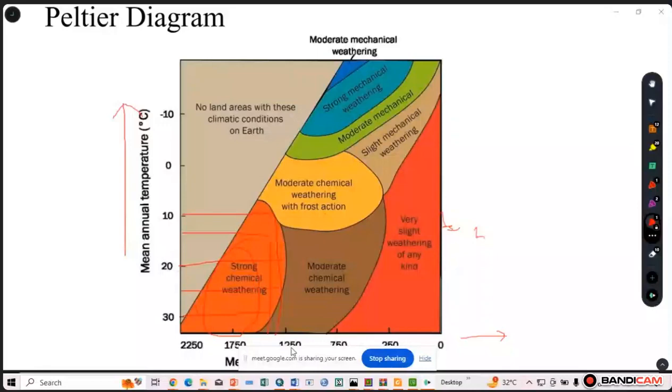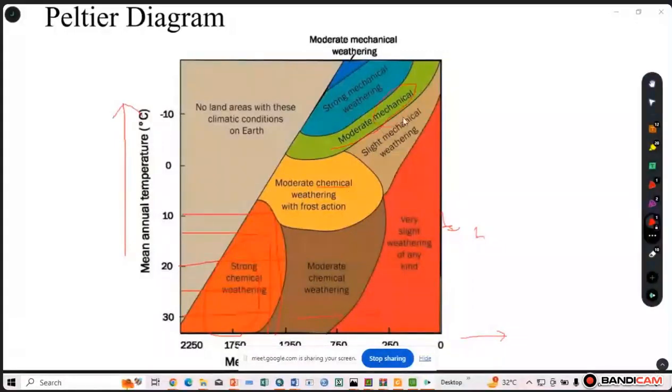When the precipitation is reduced, there can be strong to moderate chemical weathering, and after that very slight weathering. When the precipitation decreases from the origin, the rate of weathering also decreases. Similarly, when the temperature decreases, there is moderate chemical weathering, then moderate mechanical weathering.